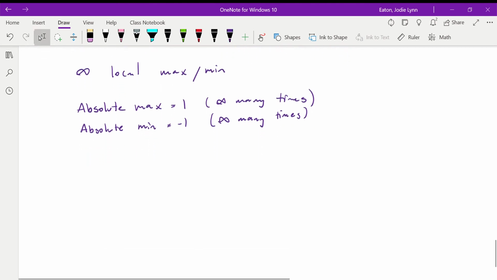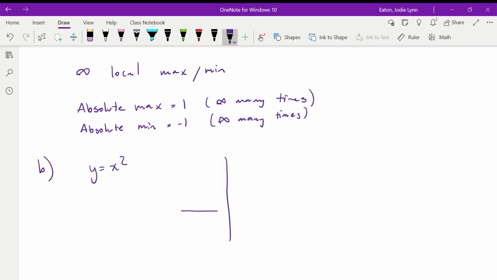Okay, so let's look at y equals x squared, which is the main place that you've experienced maxima and minima up until this point, with quadratics. So we have here a very bad drawing of y equals x squared.